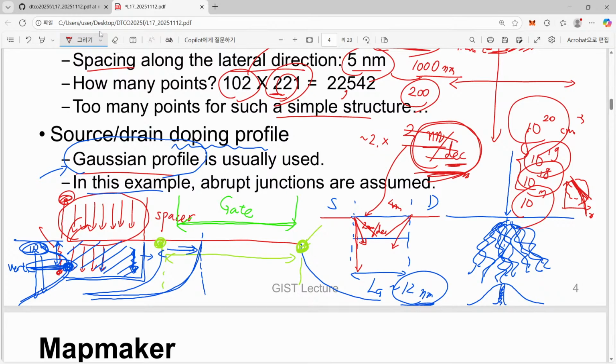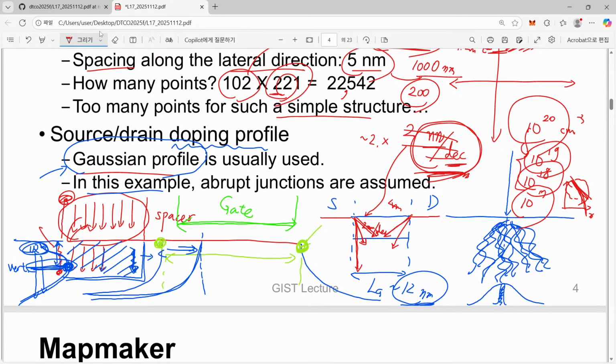If we have this abrupt one, that will be the best to suppress short channel effect. And if we have this graded or quite smooth transition from N-type to P-type, then we will have very severe short channel effect, because although our drawn gate length is 12 nanometer, beneath that drawn gate we have a considerable amount of source and drain entered into this channel region.